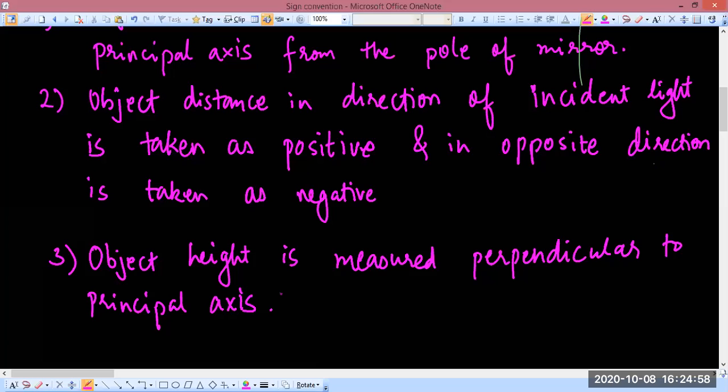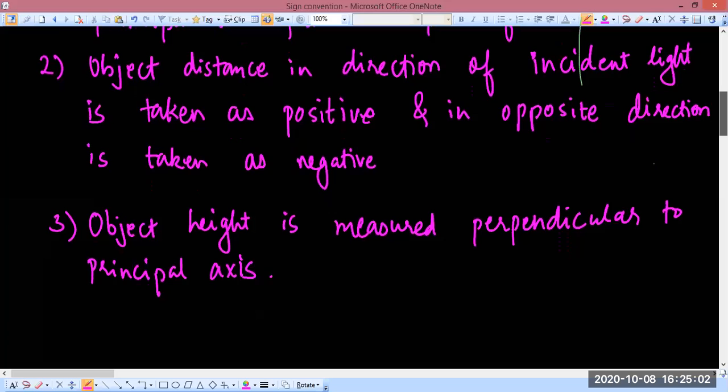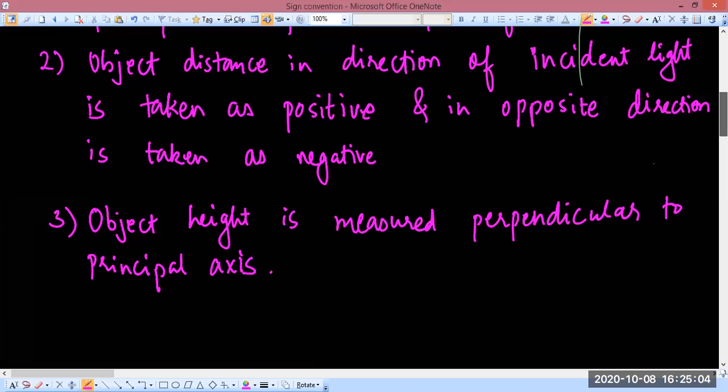Okay. I don't care how many points your book has written it in. Okay, just add something here. Just add these words here. Object height is measured from and perpendicular to principal axis.